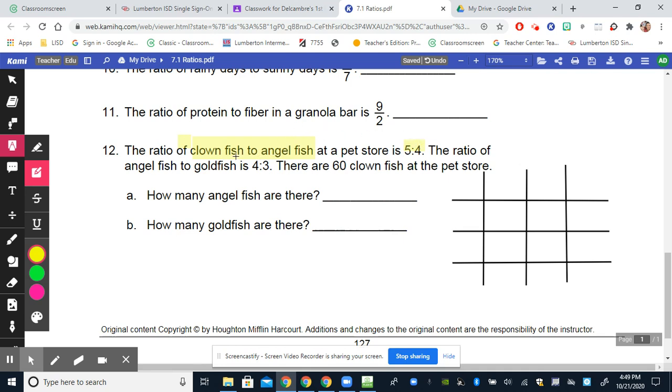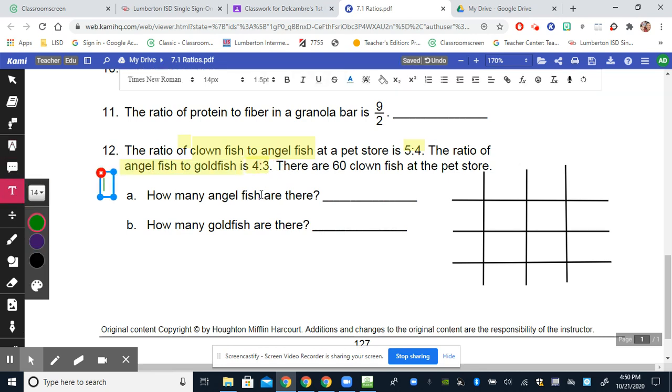Do you see? Clownfish was mentioned first, 5 was mentioned first. Angelfish was mentioned second, 4 was mentioned second. The ratio of angelfish to goldfish is 4 to 3. So that 4 goes with that angelfish, and that 3 goes with that goldfish.